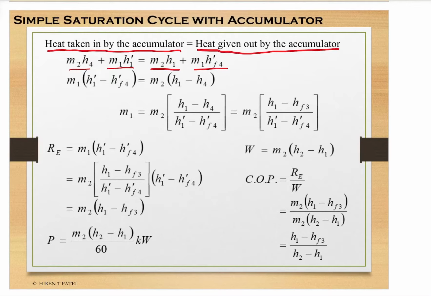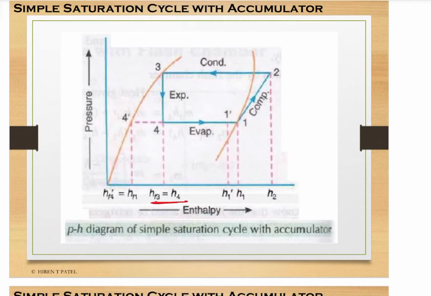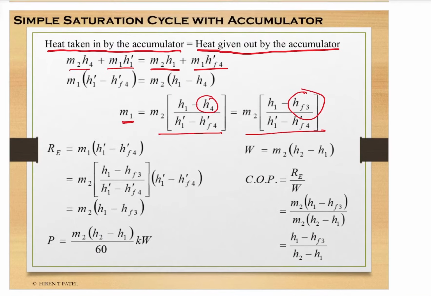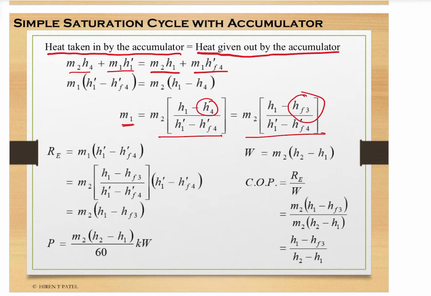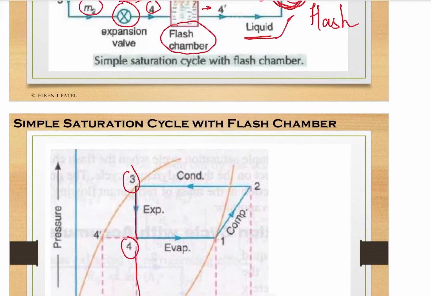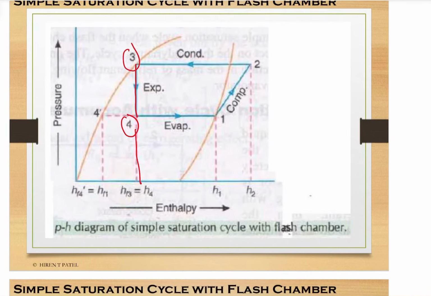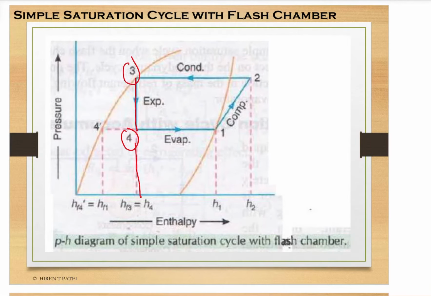So from this we can find the equation for m1, and again h4 is equal to hf3, as we can see in the p-h chart. So that can be written here. Same as refrigerating effect, that is m1 times h1 dash minus hf4 dash. Here check out the difference between these two. For the system with flash chamber we have h1 only.